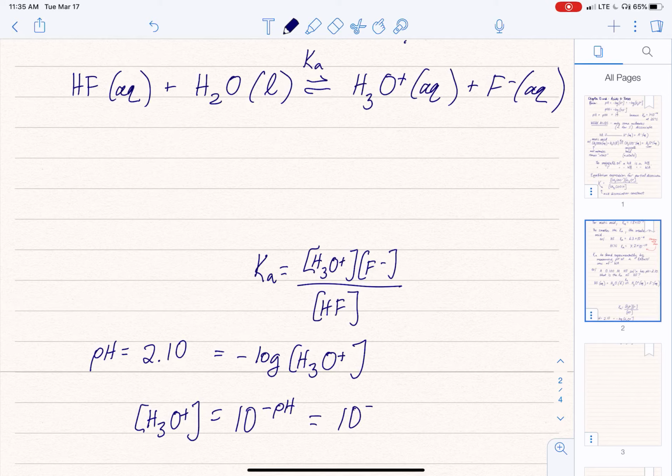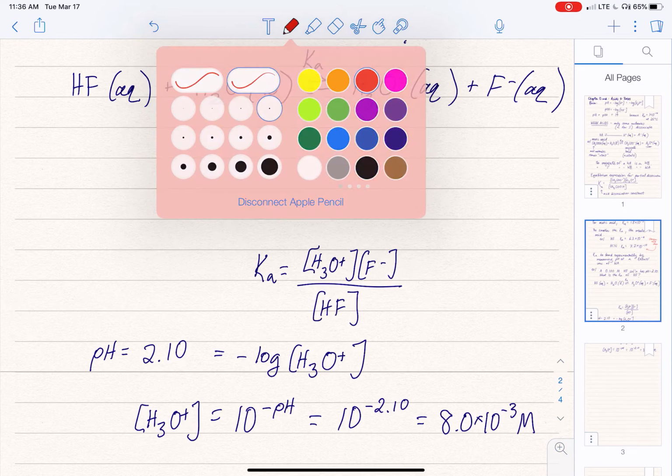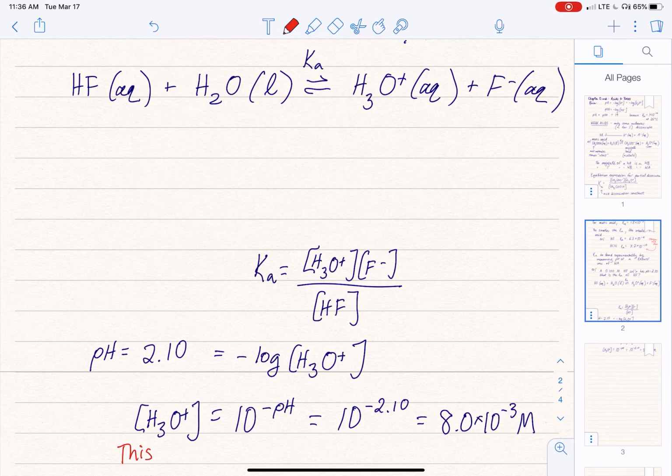So if I take 10 to the power of negative 2.1, that gives me a hydronium concentration of 8 times 10 to the minus 3. Okay, so I really want to emphasize that. When you're given the pH, it's telling you what the hydronium ion concentration is at equilibrium. So that's very important to note: this is the hydronium concentration at equilibrium, not initially, but once the solution has come to equilibrium.